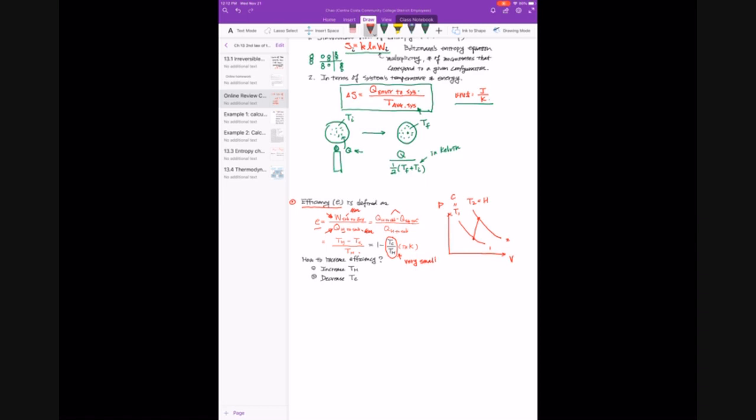How do we make this one to be very small? Well, either you make the Tc very small or you make Th very large. Th very large, meaning you're going to increase the hot temperature. Tc very small, you're going to decrease the cool temperature. And that's the way you increase the efficiency.